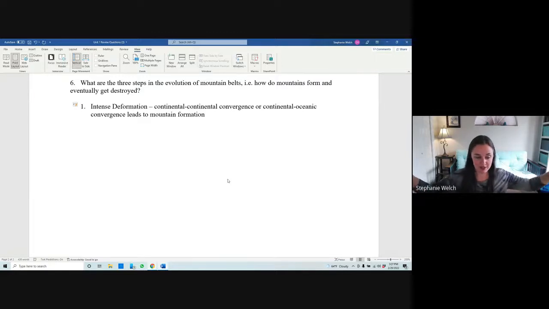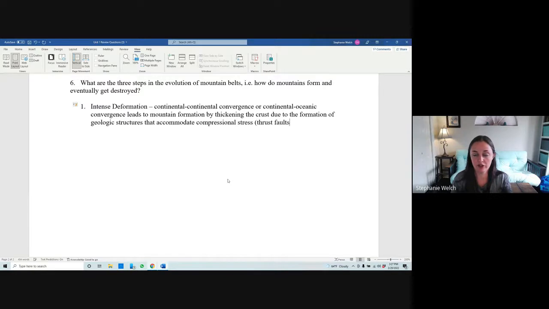So the basic sense of motion here is that you have 2 pieces of crust moving towards each other. This eventually leads to mountain formation by thickening the crust due to the formation of geologic structures that accommodate compressional stress. And those are things like thrust faults and folds.